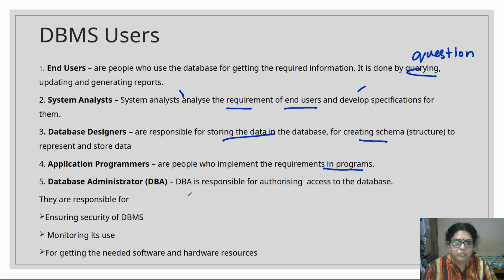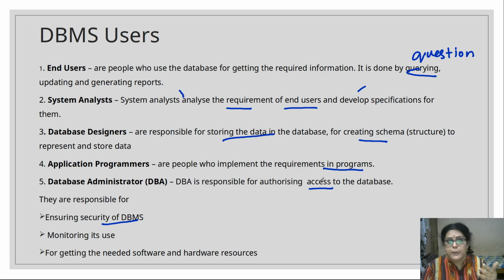And the database administrator, he is the all-in-all person. He is responsible for authorizing access to the database. His responsibility is to ensure the security of the DBMS, so that not just anybody can have access rights. Access means who can access the DBMS.